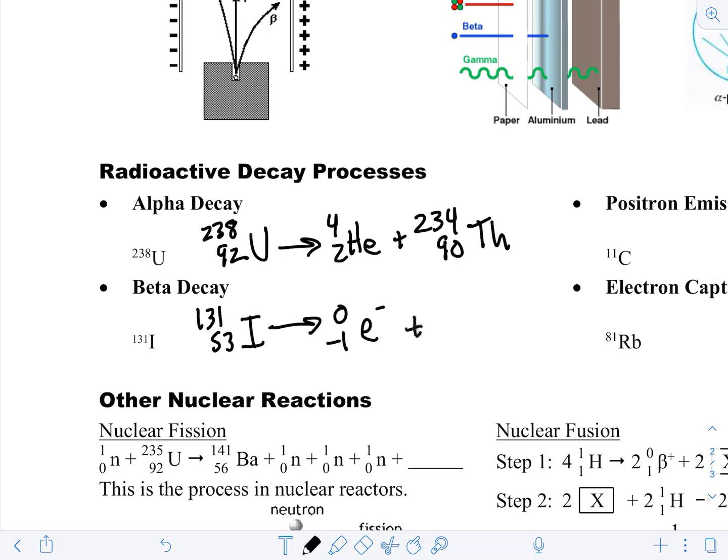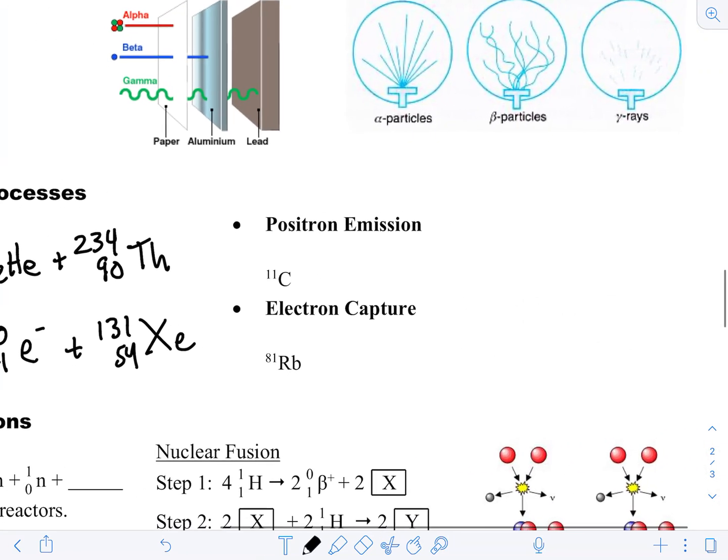And please remember, there's no mass change, so we keep 131 as our mass number. But our atomic number goes up, so we actually gain a proton, and as a result we have atomic number 54, and on the periodic table that is xenon.